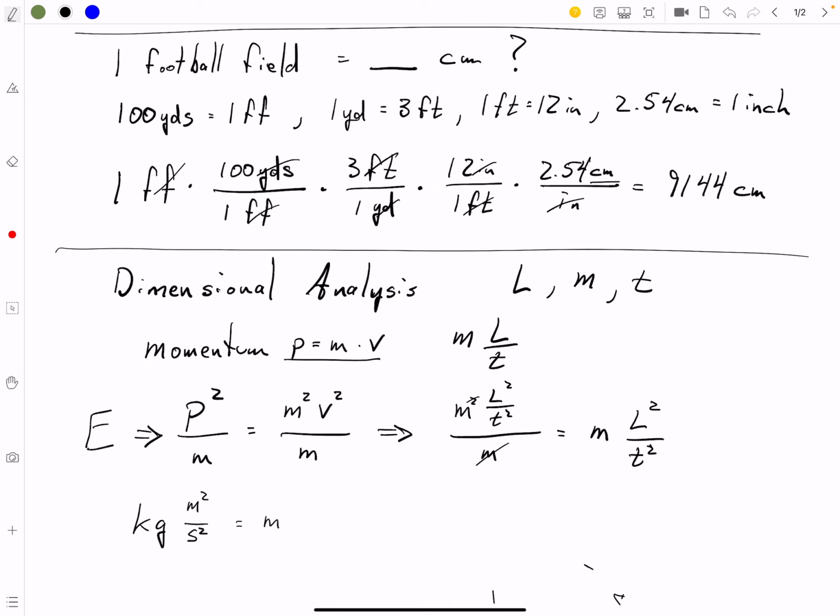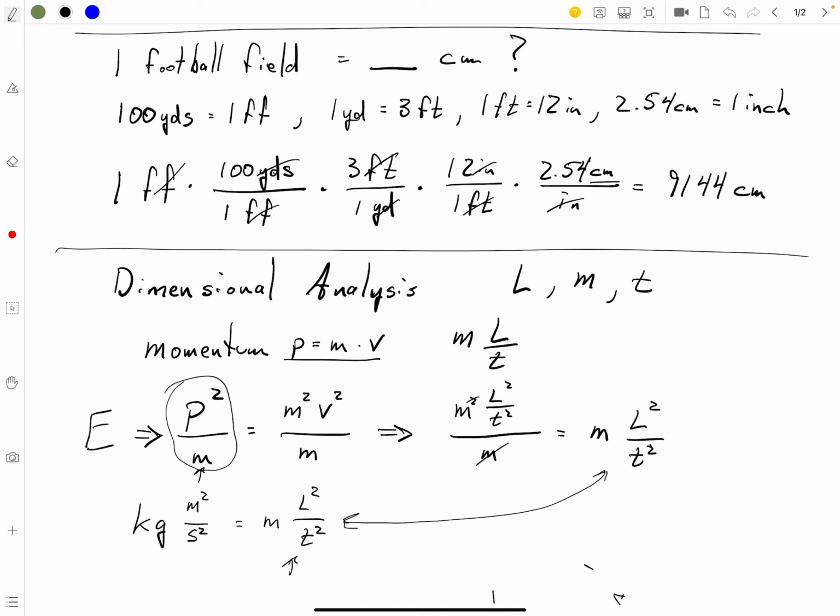It's unfortunate that mass is also an m, so the two m's are messing us up. Okay, so if this is energy, and that means this is energy, are these equal? Yes. So we have said that yes, this is an energy.